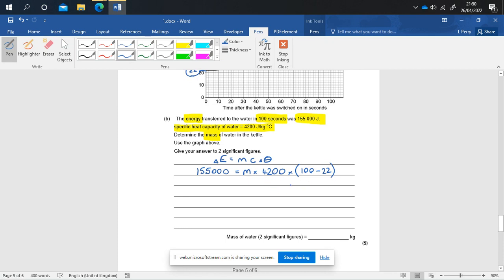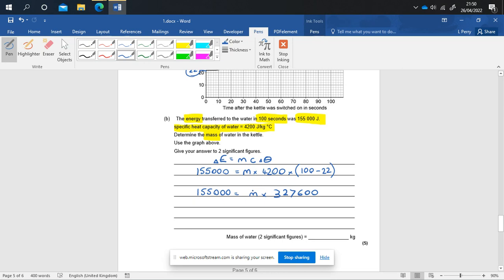And I get, just for this bit, 327,600. And it's M times that, and that still equals, I've not done anything with the 155,000 yet. But now I've done that little section of it on its own, it's a much simpler equation. I'm no longer dealing with 4 numbers and a letter. I'm now dealing with 2 numbers and a letter.